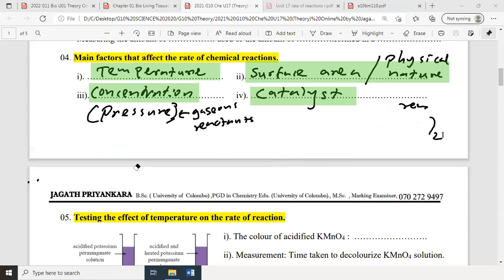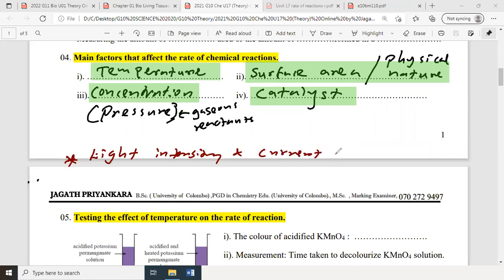If you want, you can write additional information, the current and light. For additional things, you can put a star at the bottom right. Light and current also can affect the rate of some reactions, like photosynthesis. Light intensity and current. Heat means temperature.